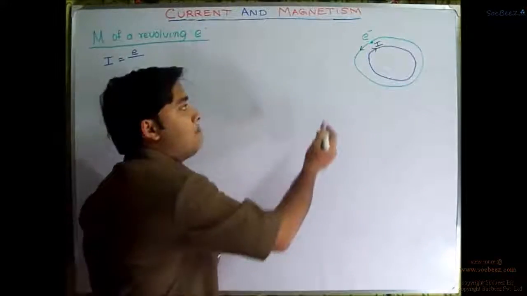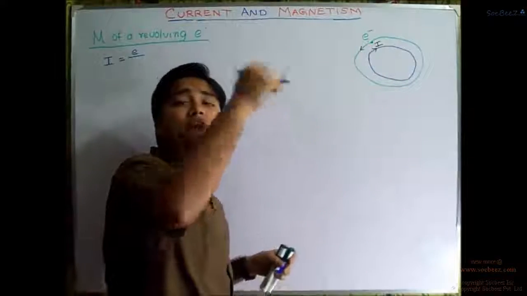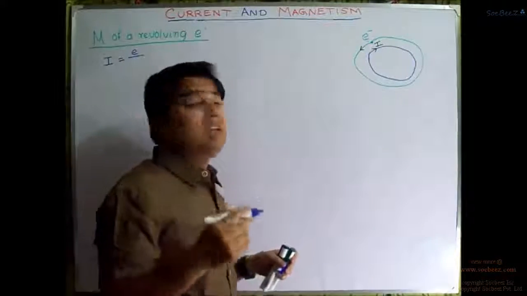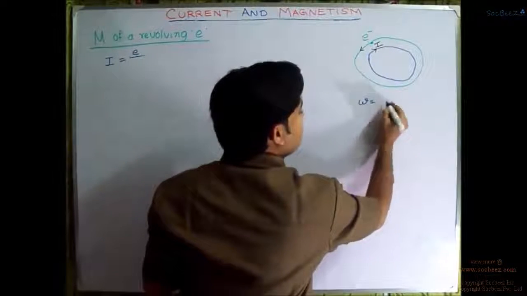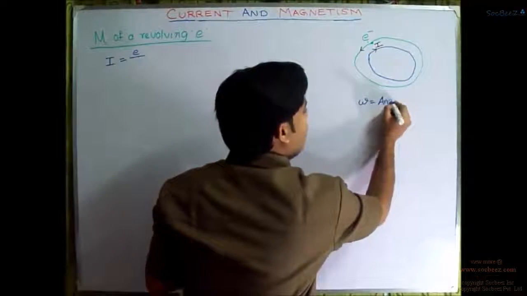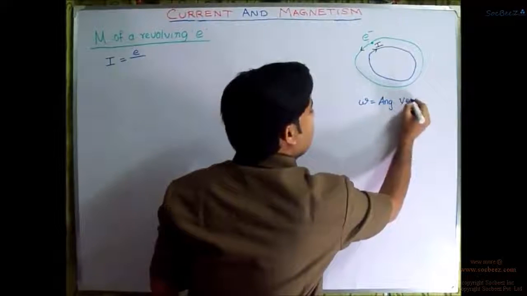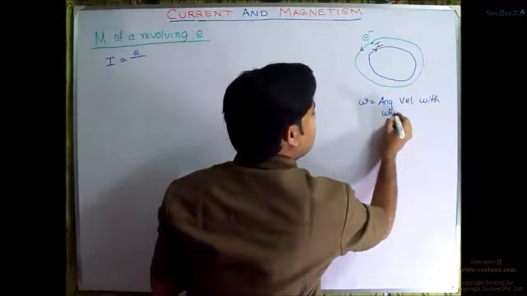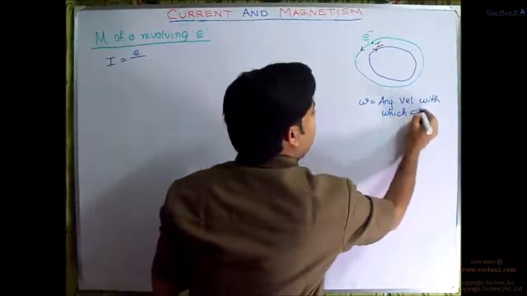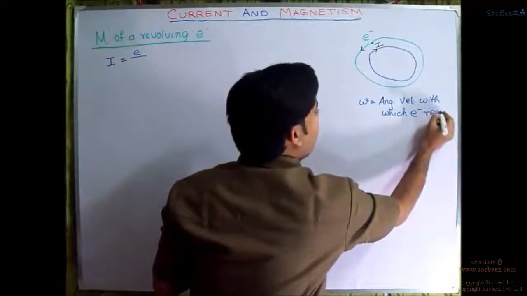Now, for example, this electron is revolving with an angular velocity, say omega. So omega is the angular velocity with which the electron revolves.